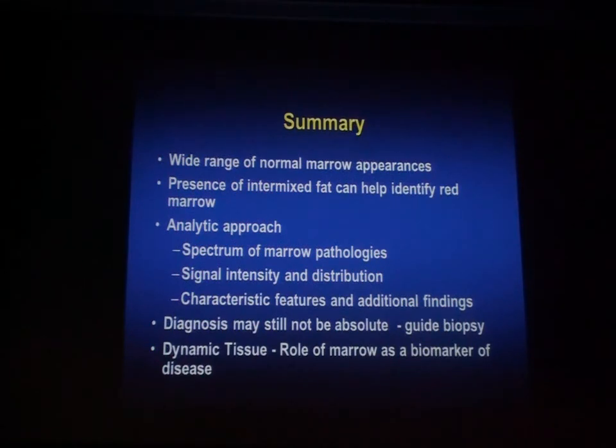Obviously, reviewing the history and other imaging studies. You may not be able to arrive at a definitive diagnosis, but you can see how MR imaging would be very helpful in guiding biopsy to the area of maximal abnormality. And I hope I gave you an appreciation for what a dynamic tissue bone marrow is and how it might become a biomarker for disease and response to treatment.